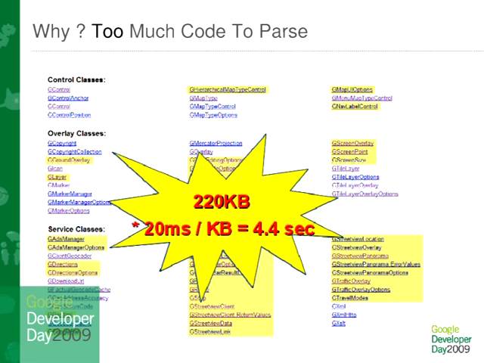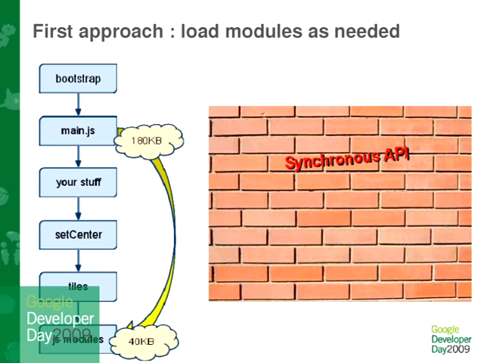The other reason is that 220 kilobytes of code is a lot of things to parse if you have a CPU that is not that strong. So the people in charge of the JavaScript Maps API decided, okay, let's put some code at the end of the process and load it as needed.